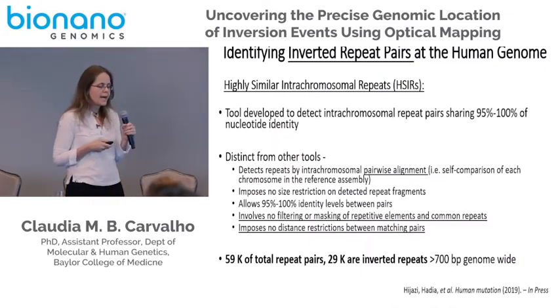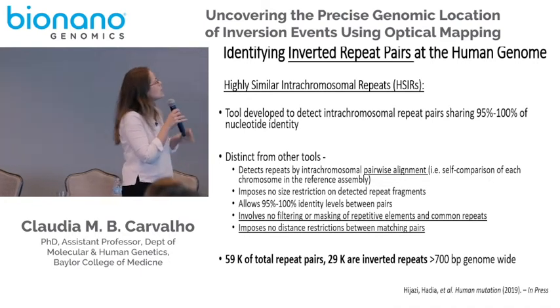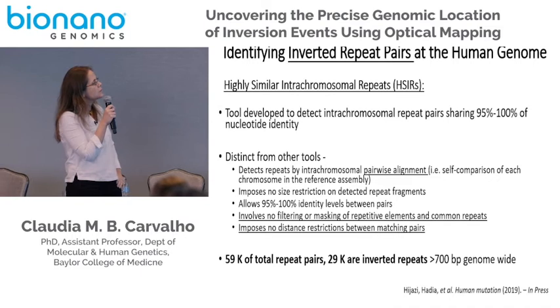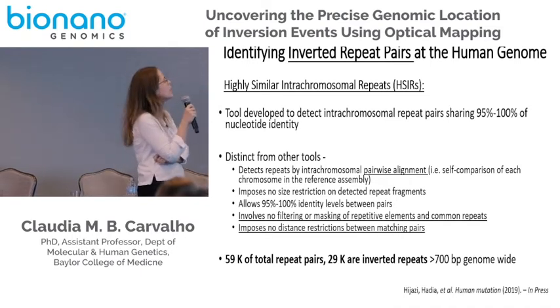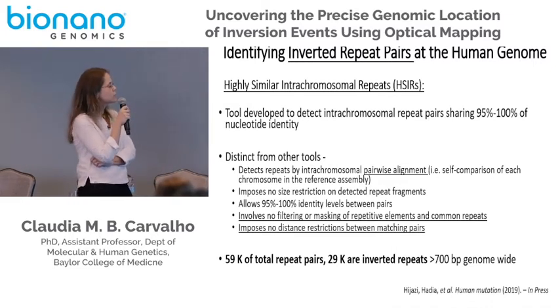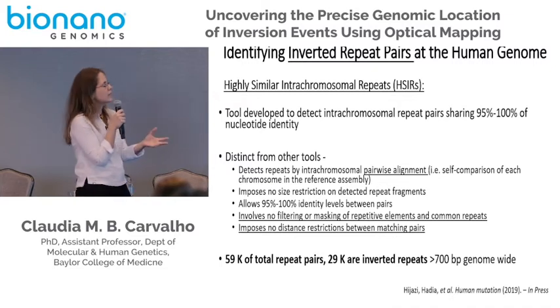We also decided to develop a tool to identify inverted repeats more quickly in the human genome, because we all use the segmental duplication track for that. However, the segmental duplication track has some limitations.